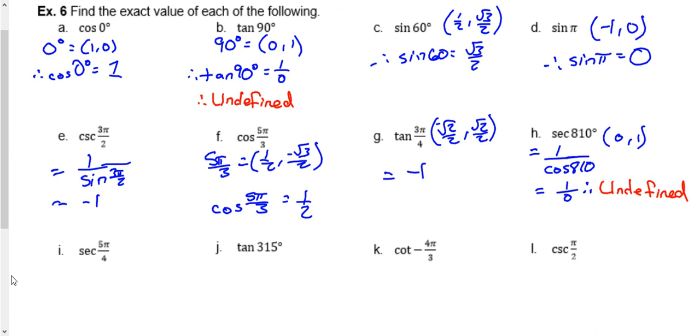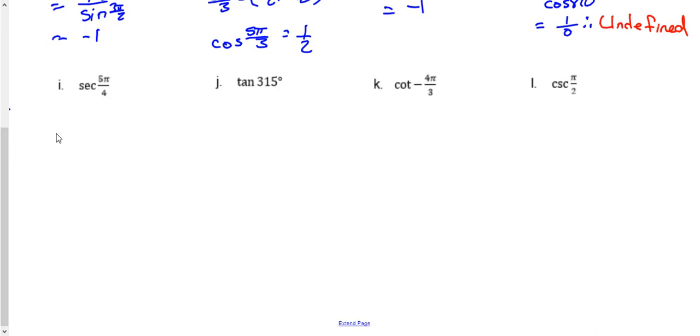For I, again, we're working with secant, so this is the same thing as saying 1 over cosine 5 pi over 4. Again, I want to look up 5 pi over 4. That's the coordinate of negative root 2 over 2 and another negative root 2 over 2. Cosine's just going to be the first one there.